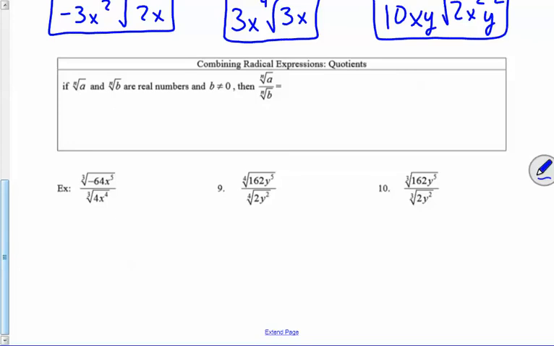So again, this follows the same type of thing with the multiplication. If you're dividing two radicals, all you have to do is make one problem with the same index, and it's a divided by b. So what does that look like? Let's look at an example here.